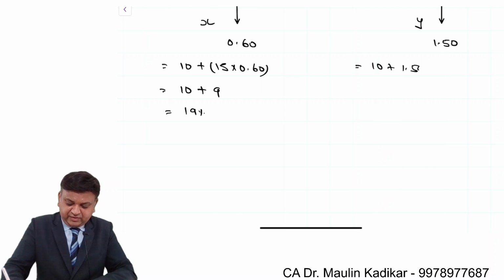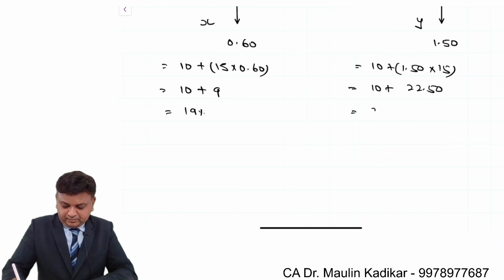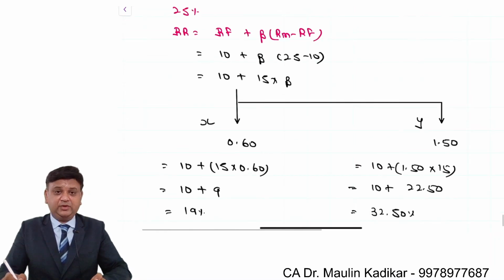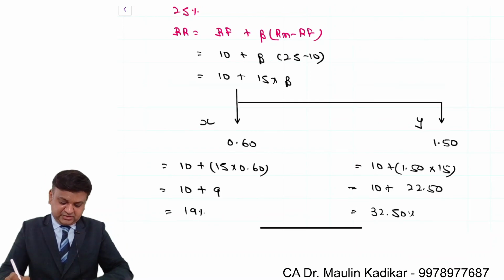Then 10 plus 1.5 into 15, so 10 plus 22.5, that comes to 32.5%. This is the way we can compute the required rate of return for each security when RM is 25%.